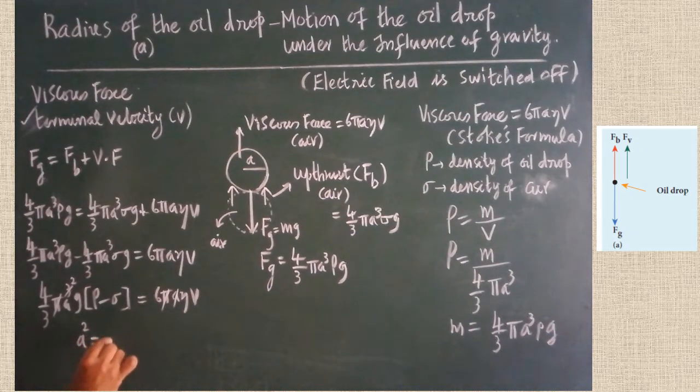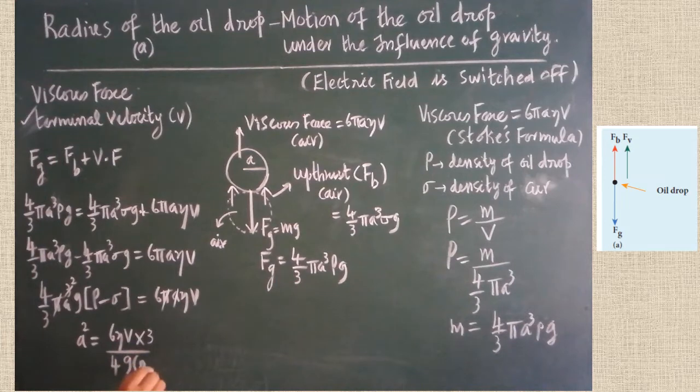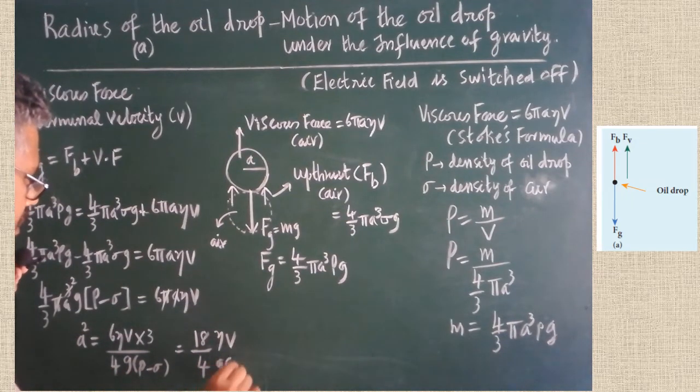a square is equal to 6 eta v divided by, this 3 can be cross multiplied. Are you clear? 4 can be brought down. What are the remaining factors? 4 g rho minus sigma can be written like this. So after multiplication you will get 18 divided by 4, and then eta v in the numerator is equal to g, rho minus sigma.